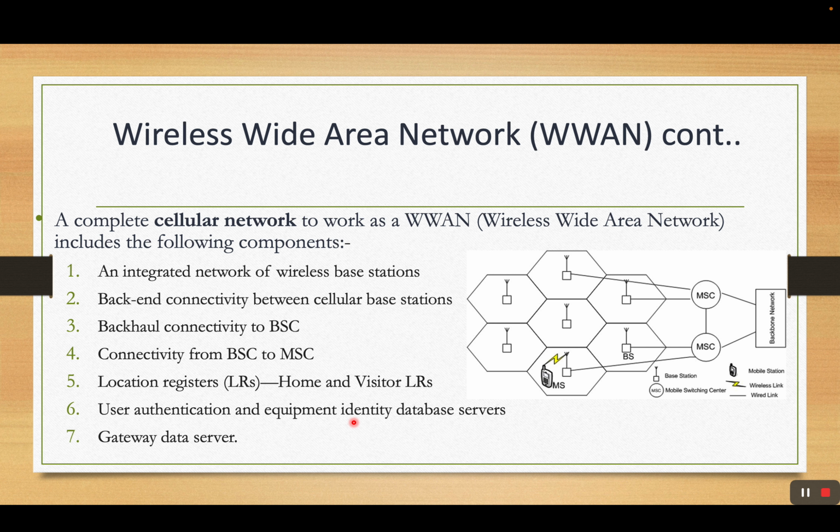These are databases that store information about the mobile devices and their users. They are used to authenticate the user and the device to ensure that only authorized devices are allowed into the network. And finally, here we have the gateway data server. The gateway is a server that provides connectivity to the wider internet and other networks. It is responsible for routing data traffic between the cellular network and other types of network.